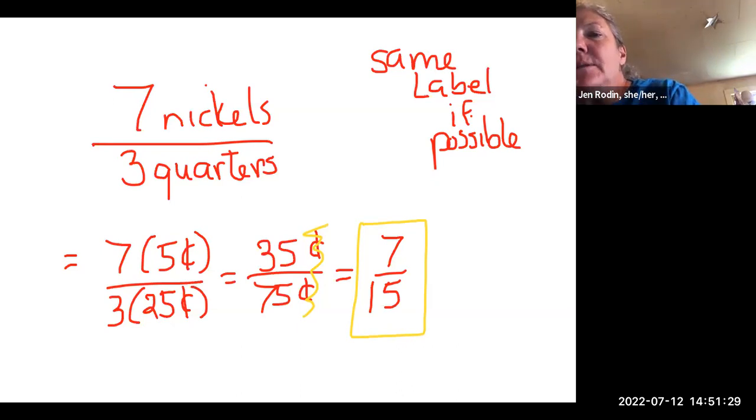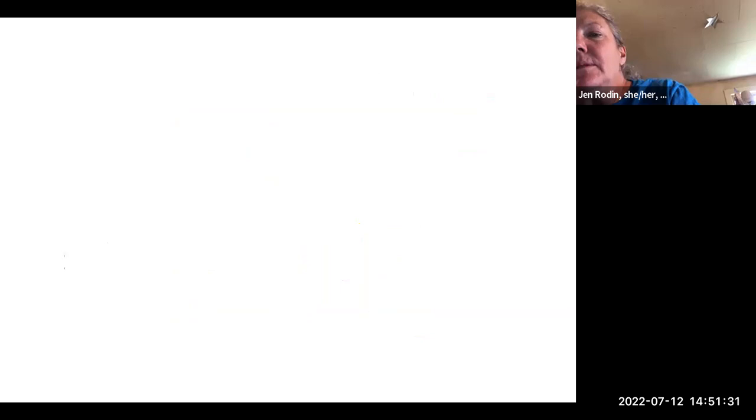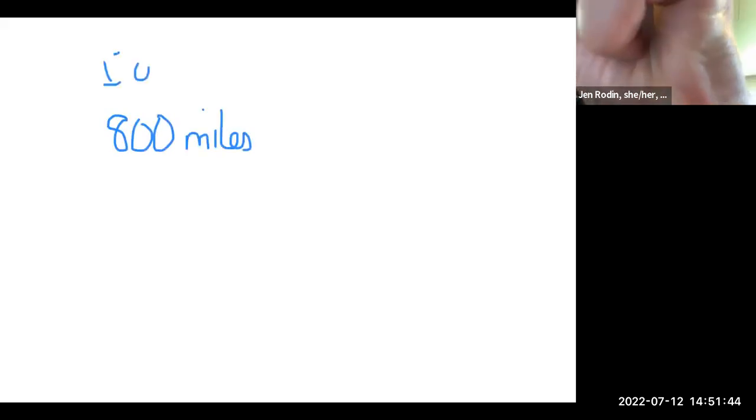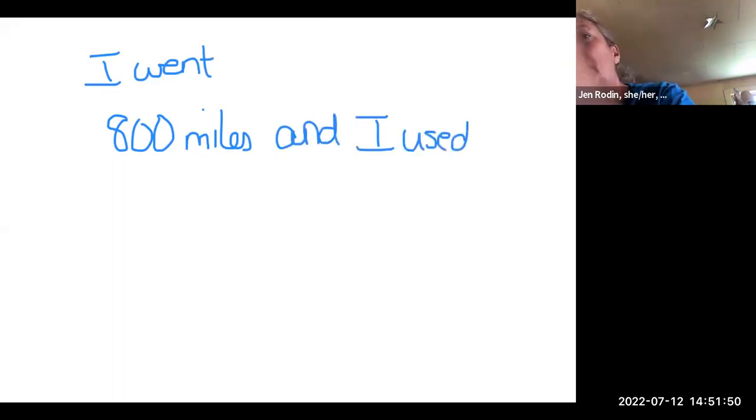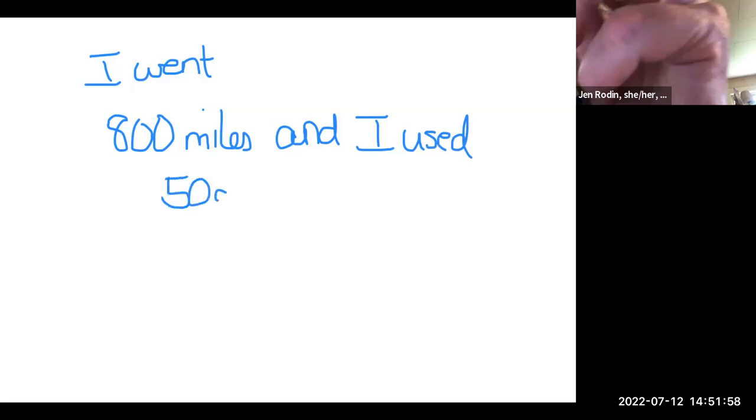Like I was saying about the miles per gallon, these could be really useful. Say if I went on a trip and I went 800 miles, and I used, I don't know, let's just say 50 gallons of fuel.